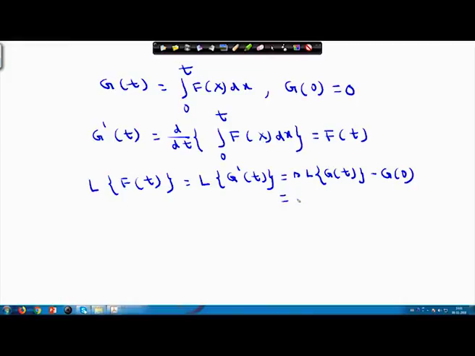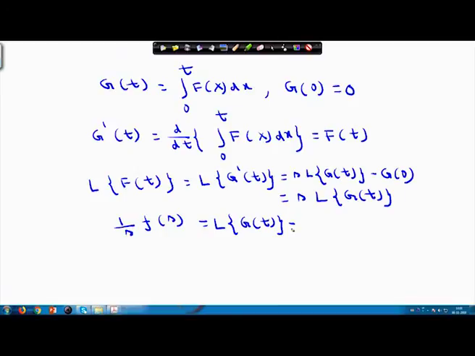So, you are getting s times the Laplace transform of g(t). From here I can tell it is 1/s times F(s), where the Laplace transform of f(t) I am assuming as F(s). This is nothing but the Laplace transform of g(t).